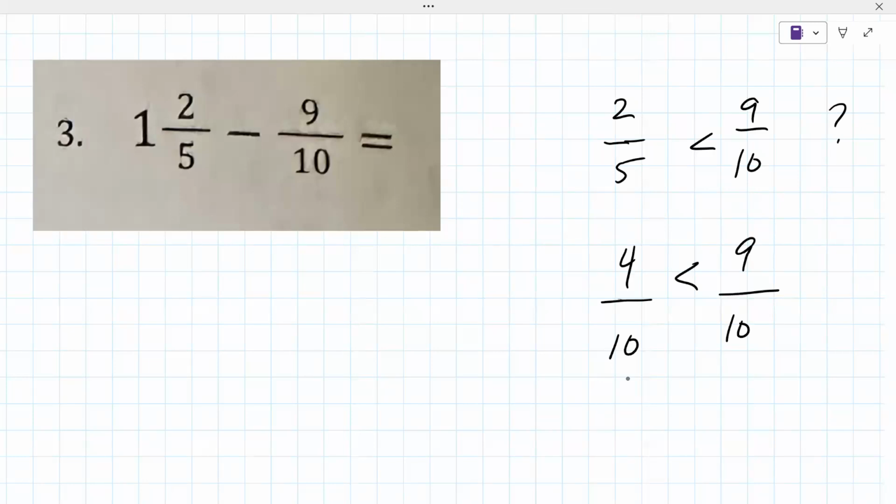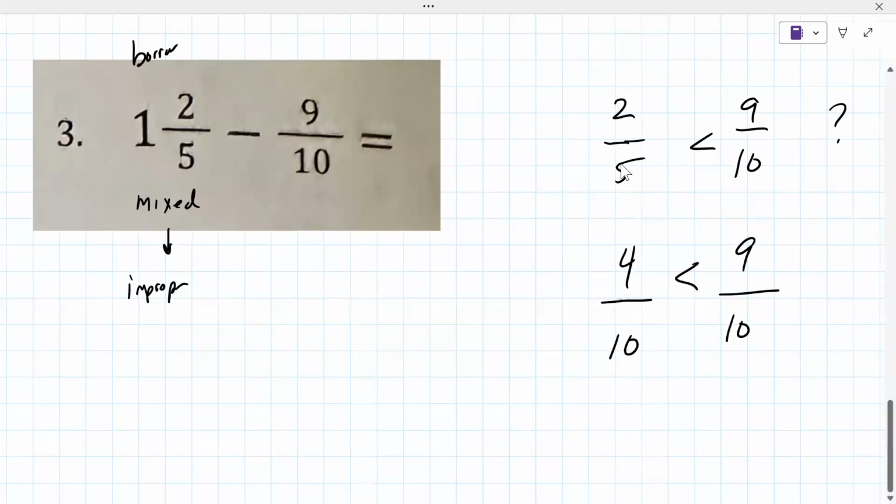Yes. So in this case, you have to borrow from the number here, the 1. Well, we haven't done this in a while. Because it's 1, it's kind of debatable whether you should even do this. The other thing here is to convert from what's called a mixed to an improper fraction.